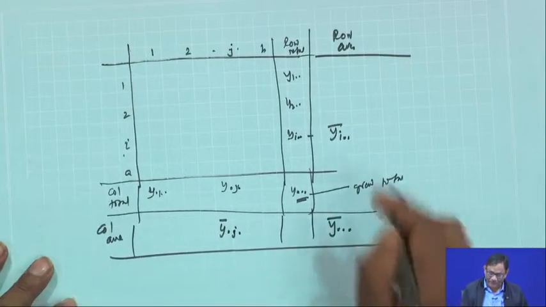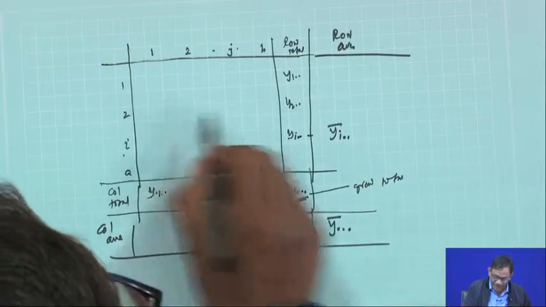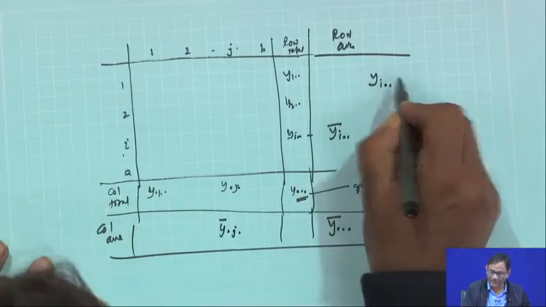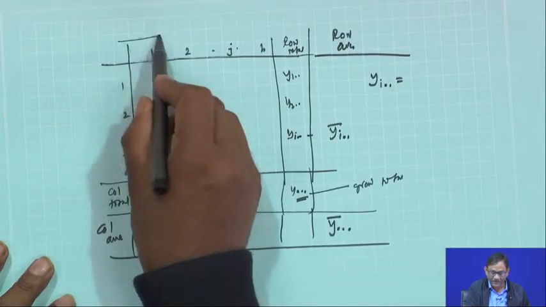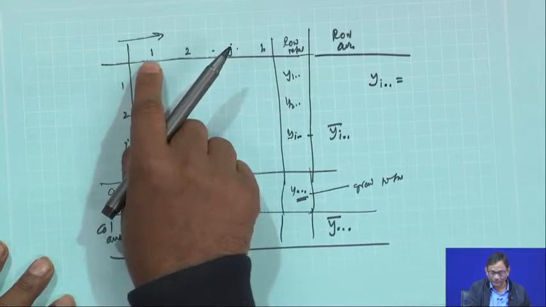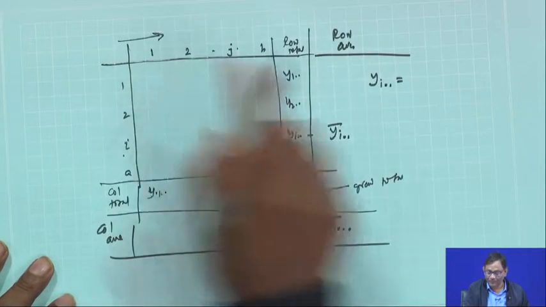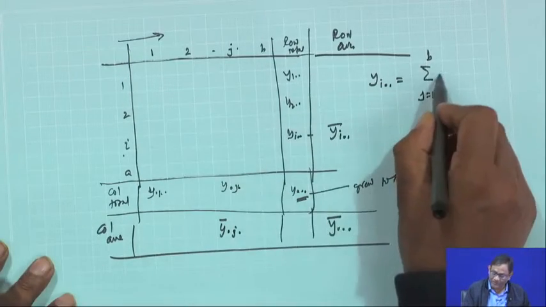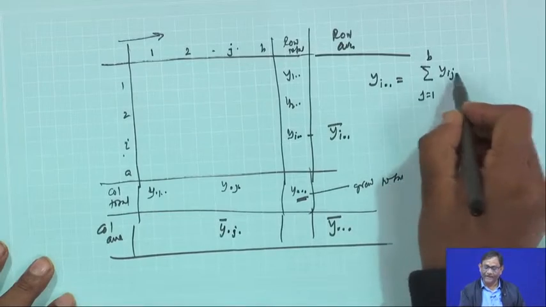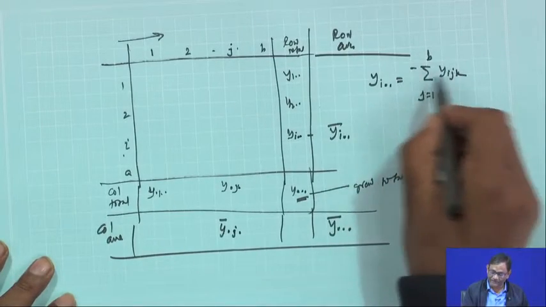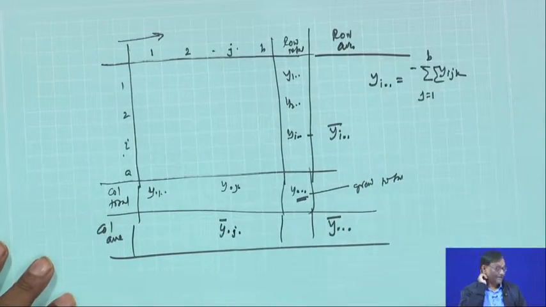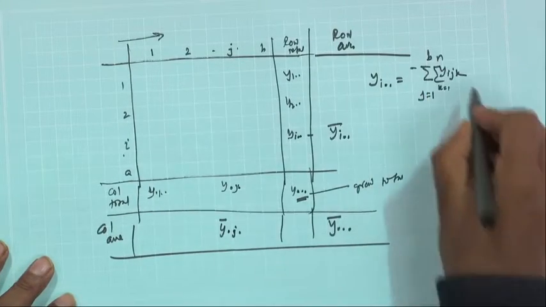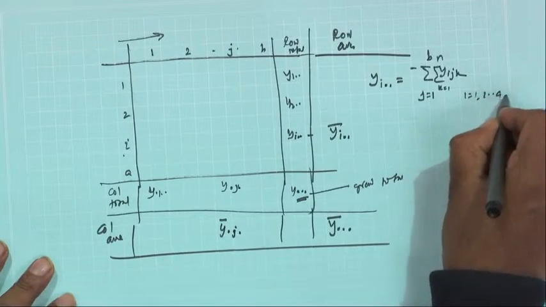What will be the formula for the total y_i..? It goes column-wise from 1 to b, so it is the sum over j equals 1 to b of y_ijk, and k will also be there, k equals 1 to n, and i equals 1 to a.